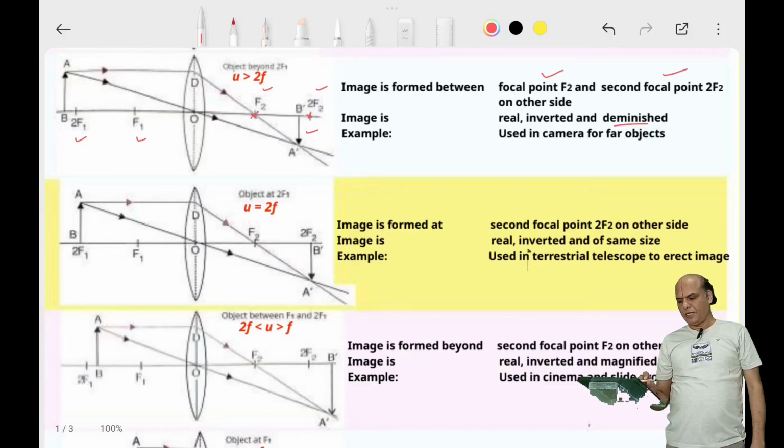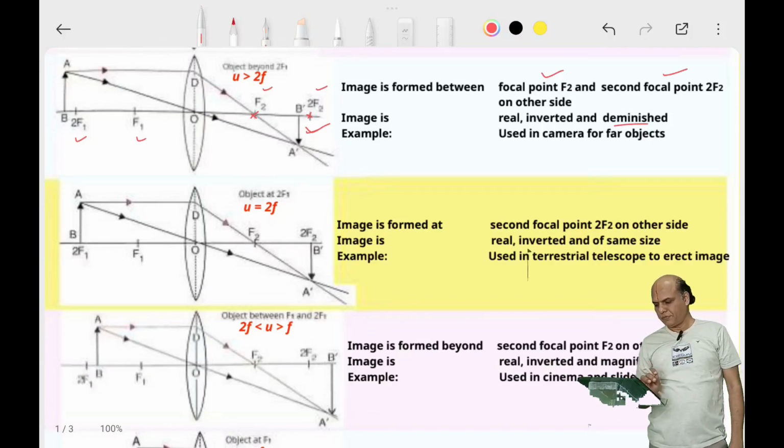For such an object, an image is formed between the focal point and second focal point on the other side. Here, a real, inverted, and diminished image is formed. The position of the object is beyond 2f1, whereas the position of the image is between f2 and 2f2.